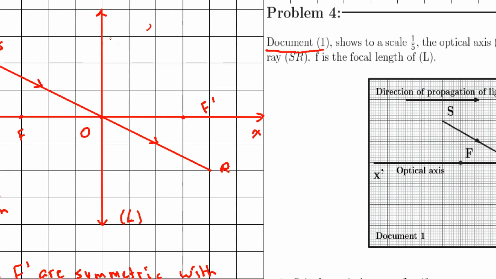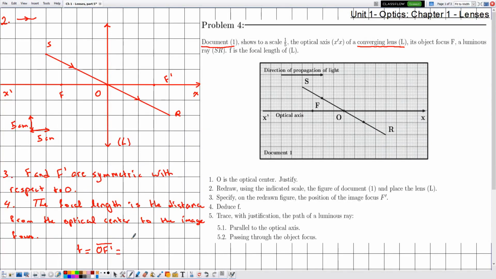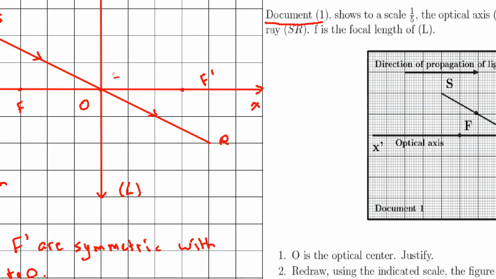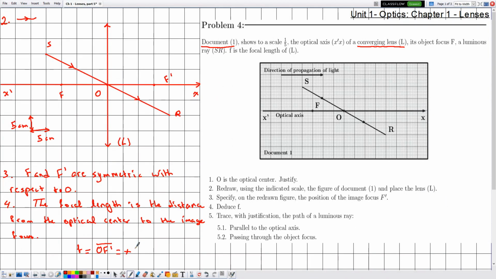So now f is equal to OF prime bar, which is the distance from the optical center to the image focus. Notice that this distance is in the same direction of the positive x-axis, therefore it's positive. And now we count the number of divisions between O and F prime. We have 1, 2, 3 divisions.